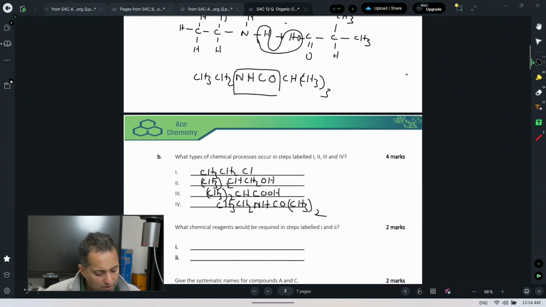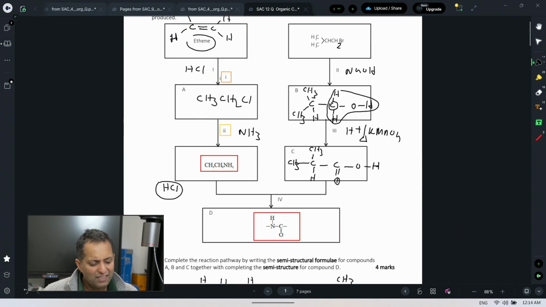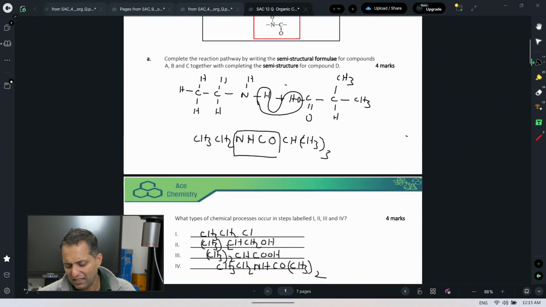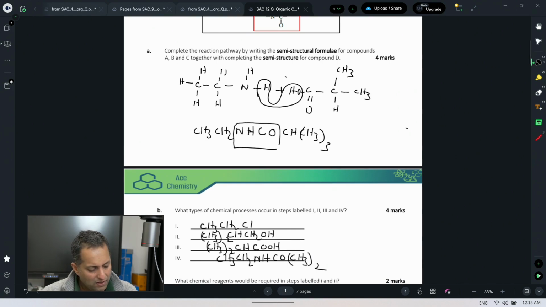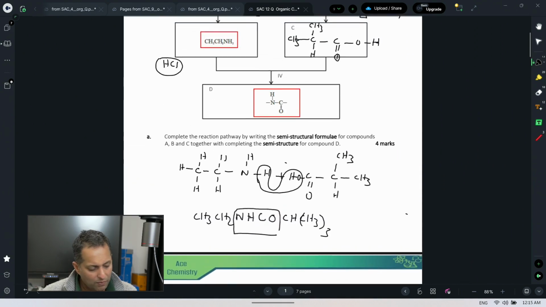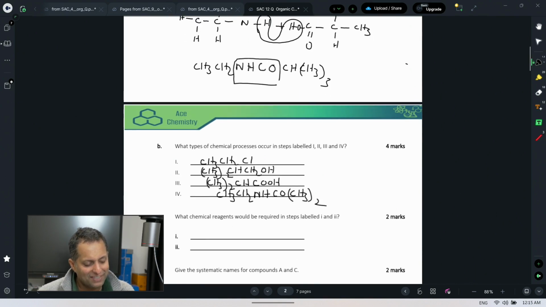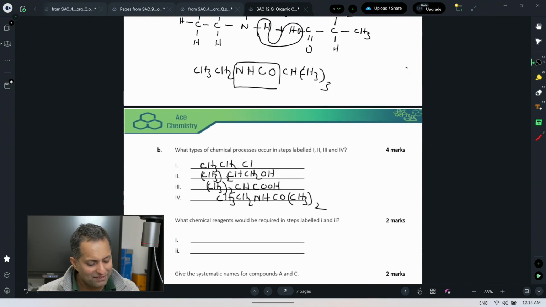That's not a bad question. What chemical reagent is required for labels 1 and 2? I think we've done all those things. HCl and NaOH? No. What chemical reagent? No, B. Did you do B? I'm so sorry. What type of chemical processes?